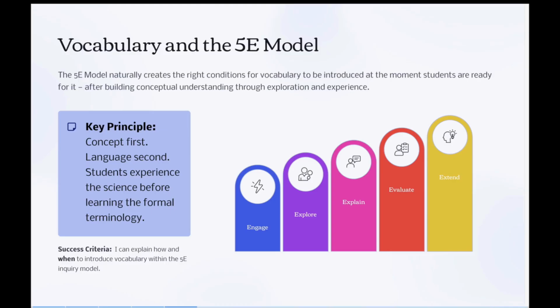The key principle here is concept first, language second. Students experience the science before learning the formal terminology. So this is where you're starting to see again how and when to introduce vocabulary within the 5E inquiry model.